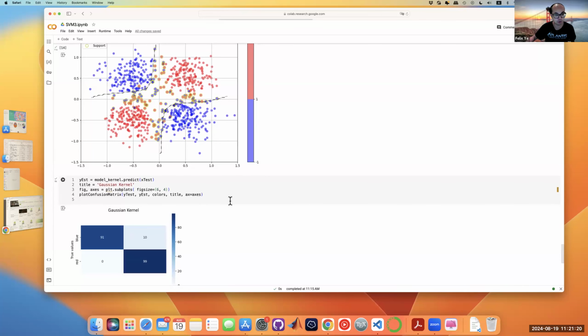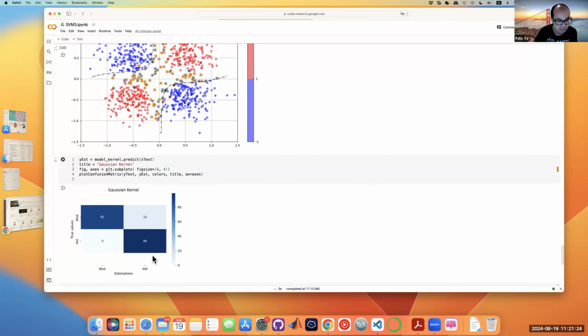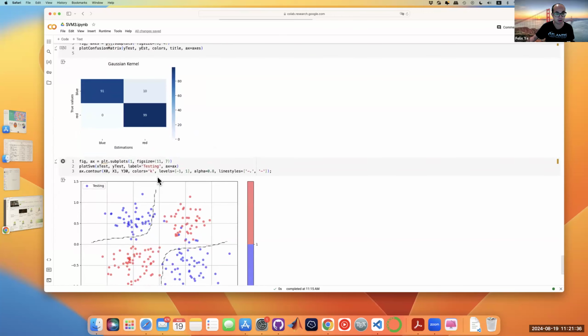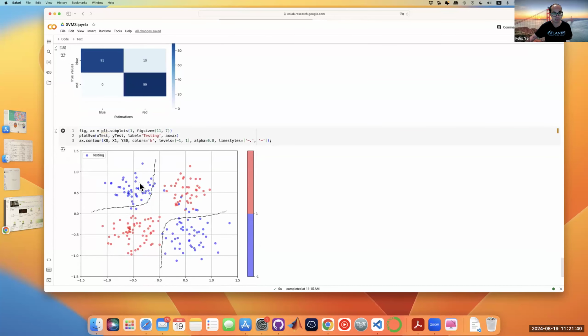But in terms of the confusion matrix, you can see we estimate everything blue correctly. I believe that's the testing data set, the one I created.